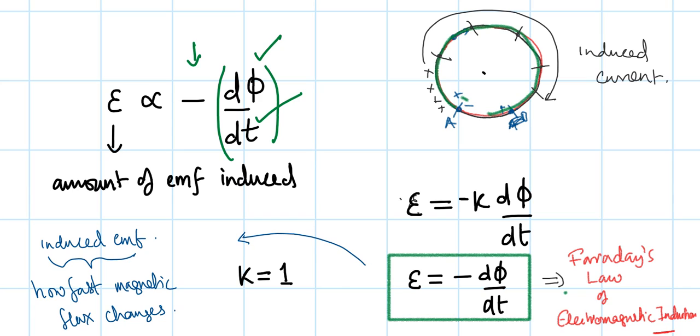It also says that the amount of induced EMF is proportional to the fastness of the magnetic flux's change, which means if the magnetic flux is changing faster, more EMF is induced, and if the change is lower, less EMF is induced. So faster the change, more the EMF; lesser the change, smaller the EMF induced.